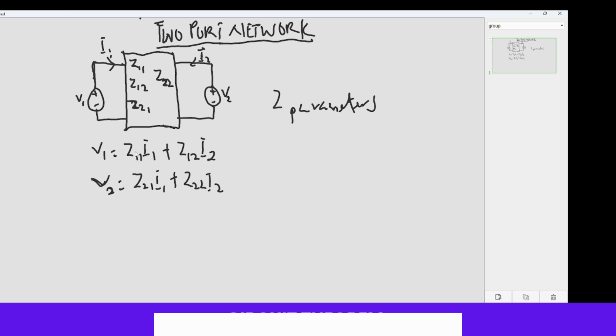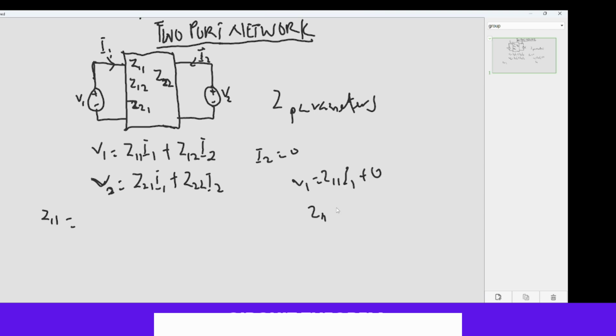So first of all, if I want to find Z11 in my two-port network, I'll make sure I open circuit I2. That is, I'll set I2 to 0 and make Z11 the subject. So if I2 is equal to 0, I get V1 equal to Z11 I1 plus 0, right?